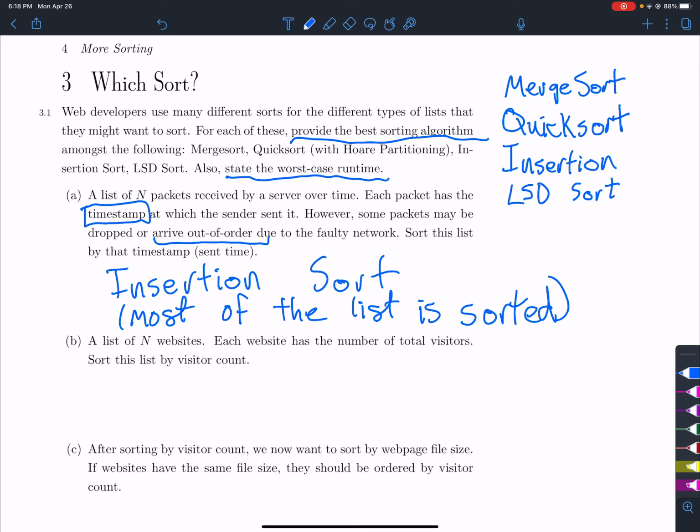And we're also asked to give the worst case runtime. The worst case runtime for insertion sort is of course O of n squared. To give this in terms of inversions, the general formula for insertion sort is big O of n plus k, where k is the amount of inversions you have.